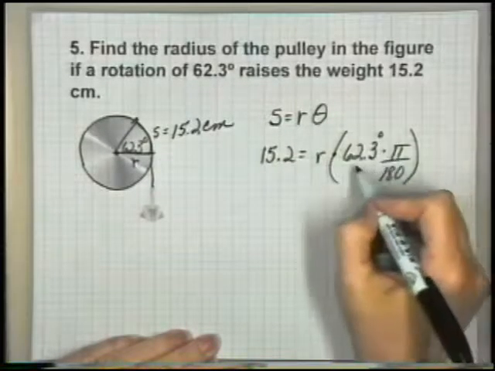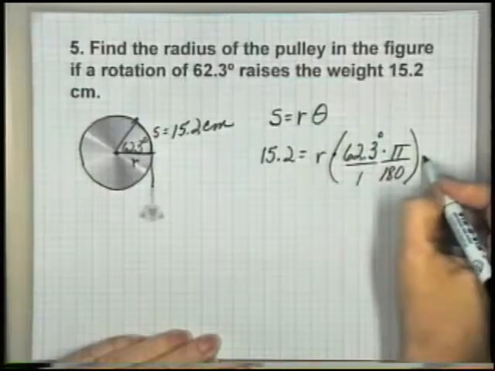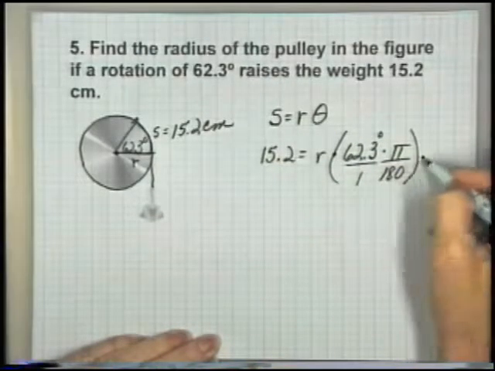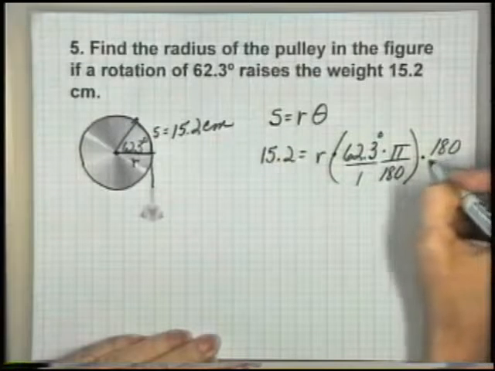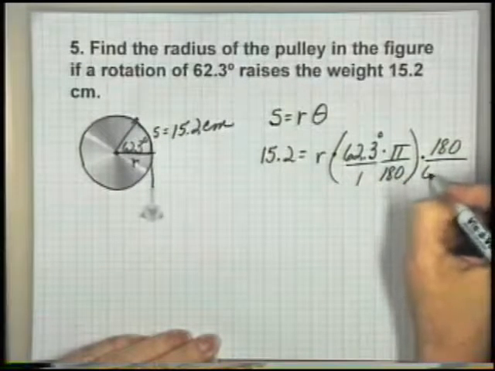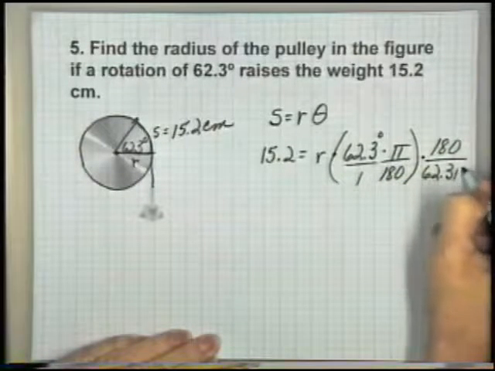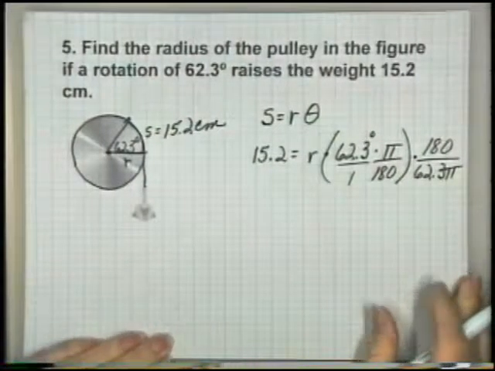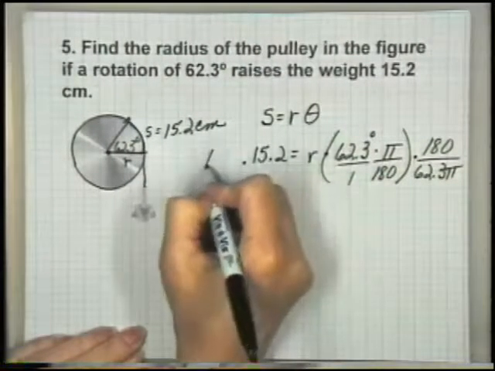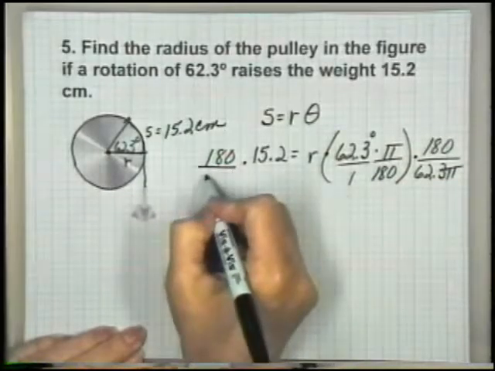Now to solve for R, I'm going to multiply by the reciprocal of this quantity. Of course, I'll need 180 in the numerator, and in the denominator I'll need that 62.3 times pi. And of course I have to do that on this side also.